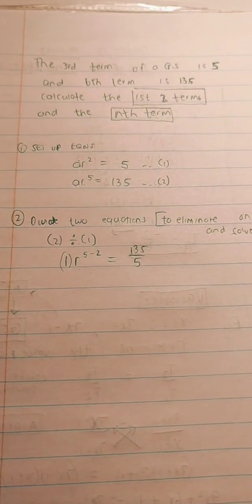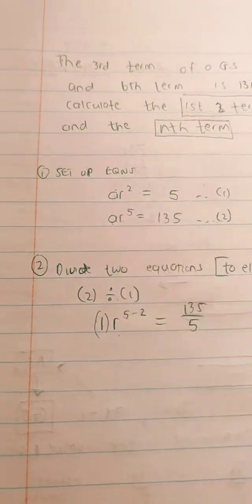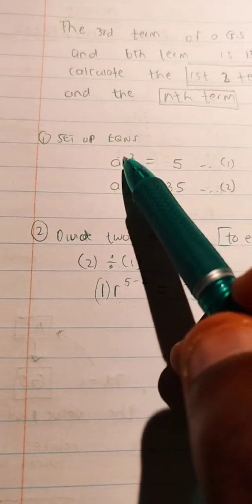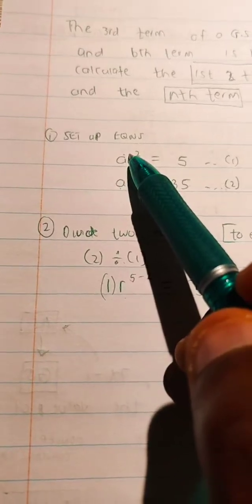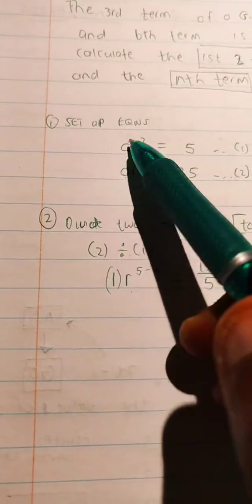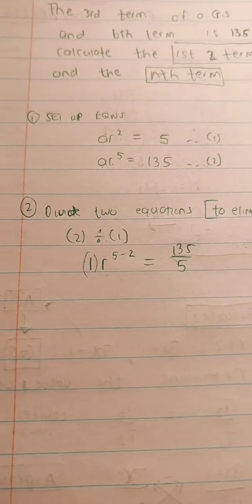It's the relationship of the variables together that leads us to dividing. The relationship between A and R is one of multiplication, and the only way we can eliminate one of the variables is if we divide. Subtraction is not going to help with that, but division will.